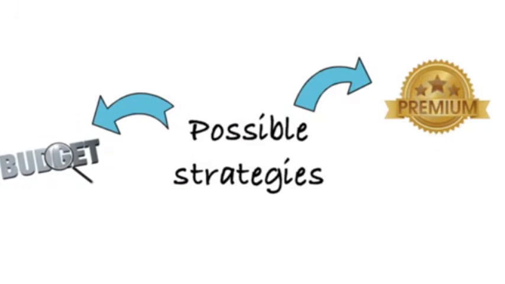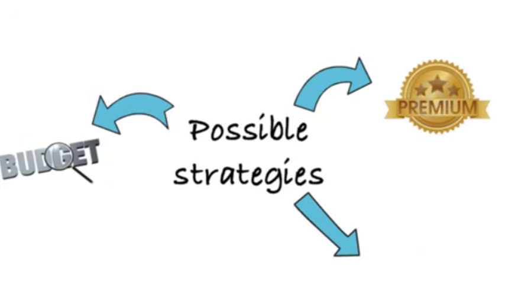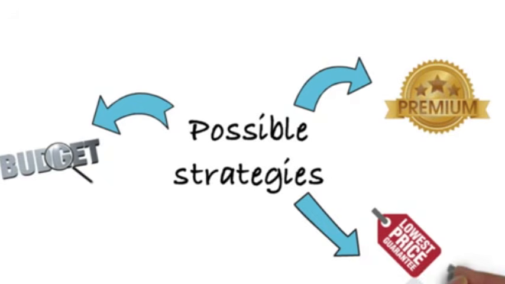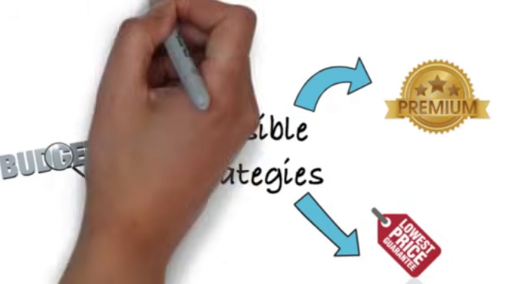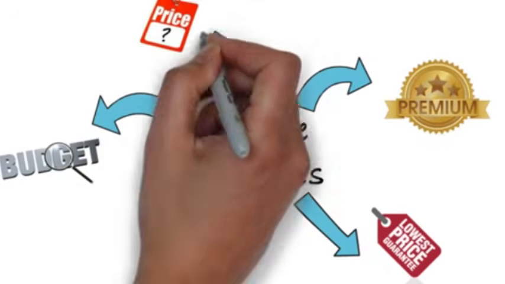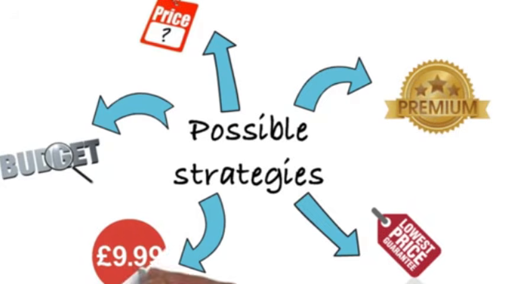Other pricing strategies you could use include penetration pricing, which drives initial interest in the product before increasing the price; price skimming, which involves offering the product at a premium price before slowly lowering it as it gains popularity; or psychological pricing, which involves selling things for £9.99 instead of £10.